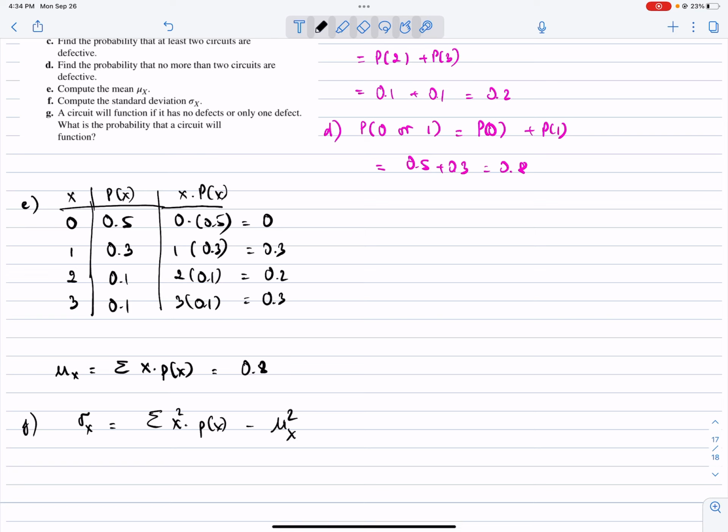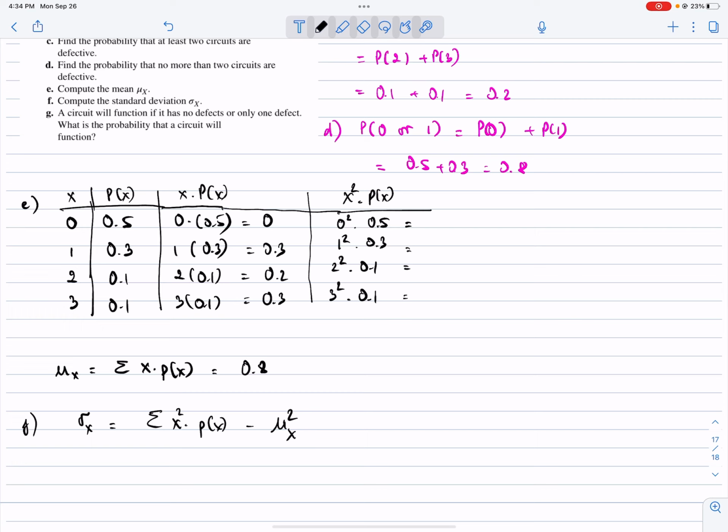We need one more column, and we need to calculate X squared times P of X. So 0 squared times 0.5, 1 squared times 0.3, 2 squared times 0.1, and 3 squared times 0.1.